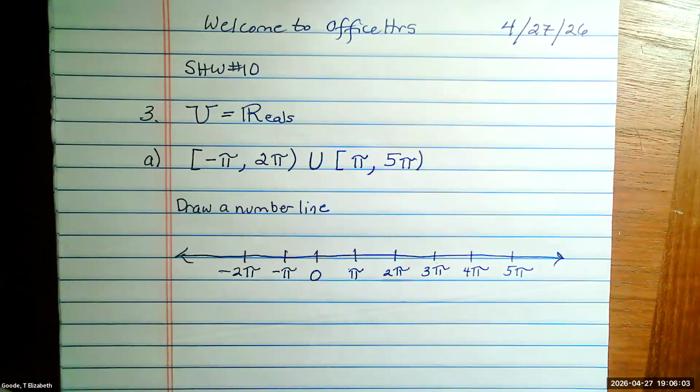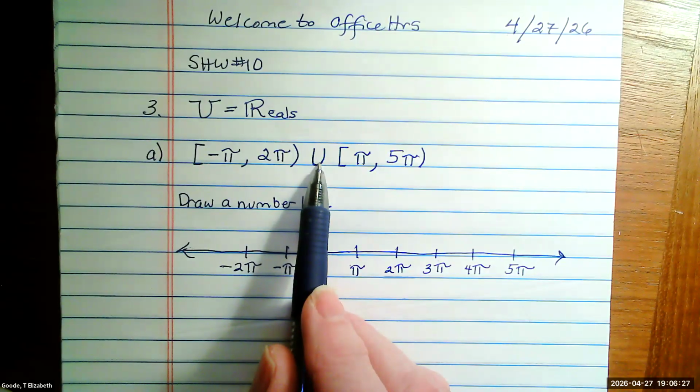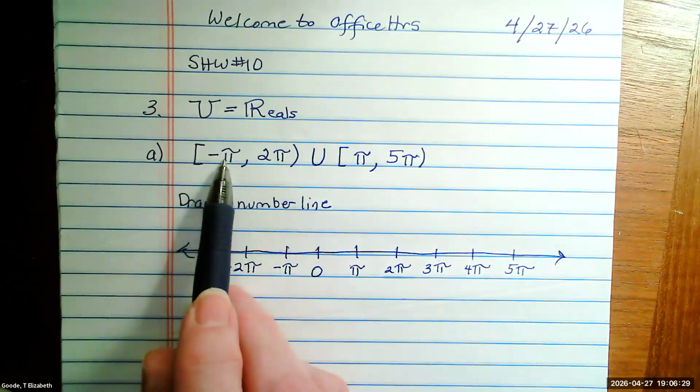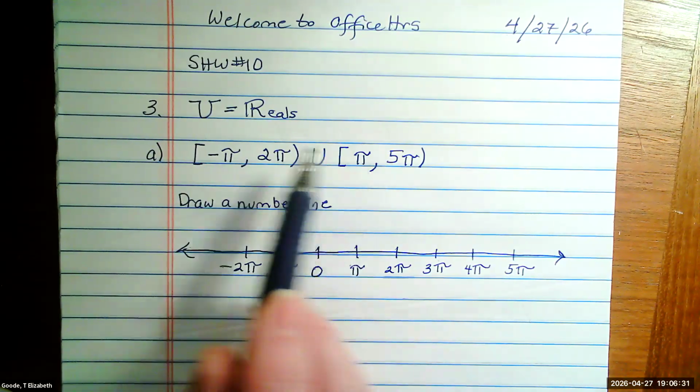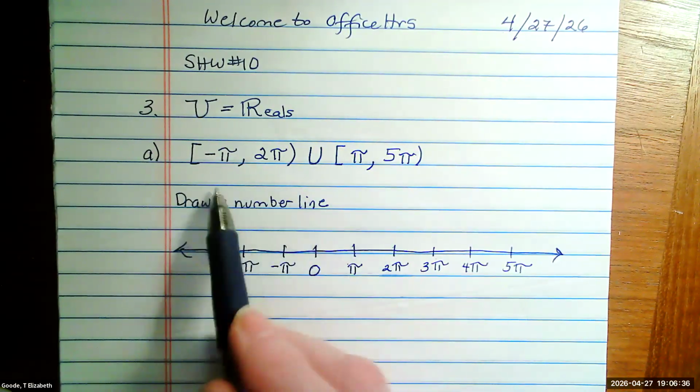And the farthest to the left any of these go is negative 2 pi, and the furthest to the right any of these sets go is 5 pi. Do you remember what the union symbol means? Yeah, it means they're together. It means or. So any x in this union is an x that is in this set or in this set or both.